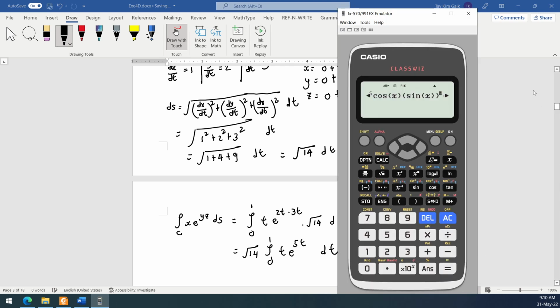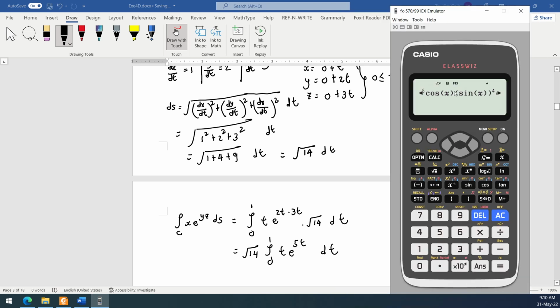You may use the calculator directly because it is a definite integral. So I got square root of 14, integrate, t changed to x, then the exponent: 2t times 3t, total is e^(5t). In the calculator, t changed to x, x from 0 to 1. You got 88.9995.